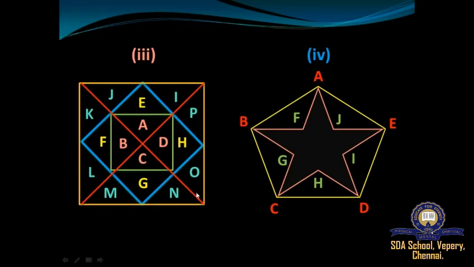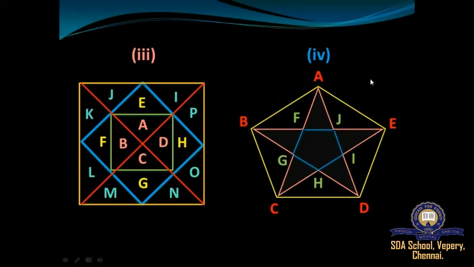This one will be one triangle, this one will be one triangle, this one will be one triangle, and this one will be one triangle. So there are totally 16 plus 8 plus 4 plus 4, that is 32 triangles. This figure has 32 triangles. Understood, students?